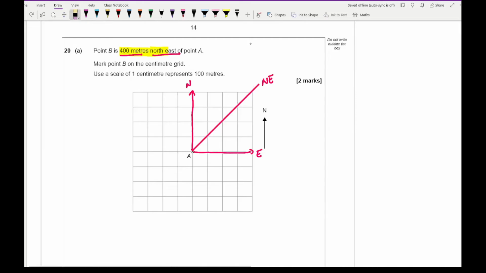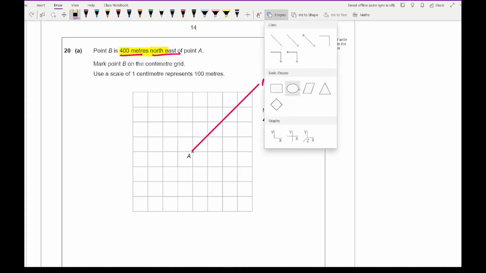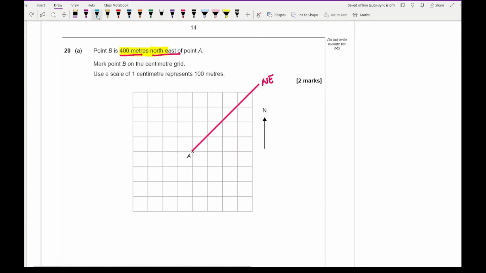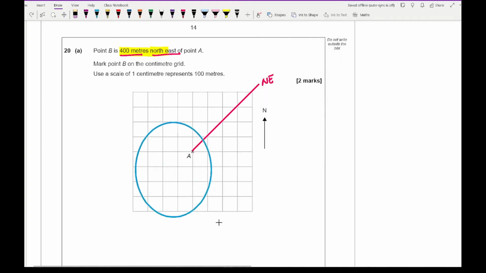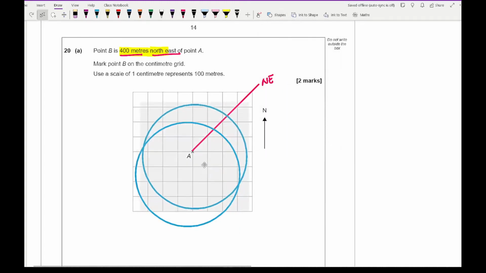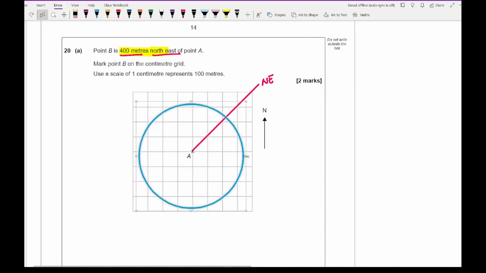Now if I remove those two lines there, the next thing I need to do is get a compass, and let me make sure it's a different color, and draw a circle of 4 centimeters. Now that needs to go in the center, which again, is incredibly difficult to do on the computer.